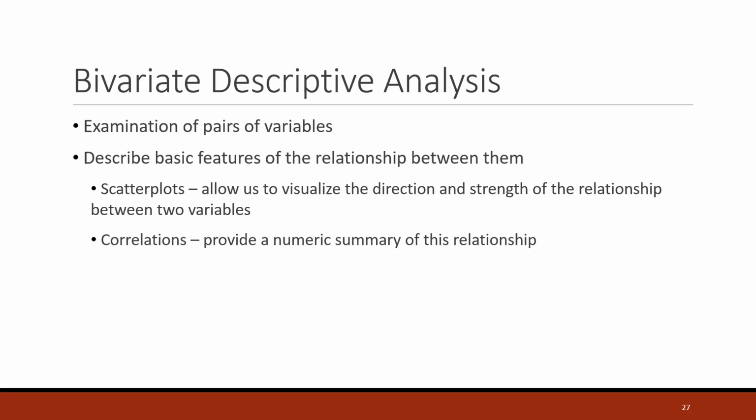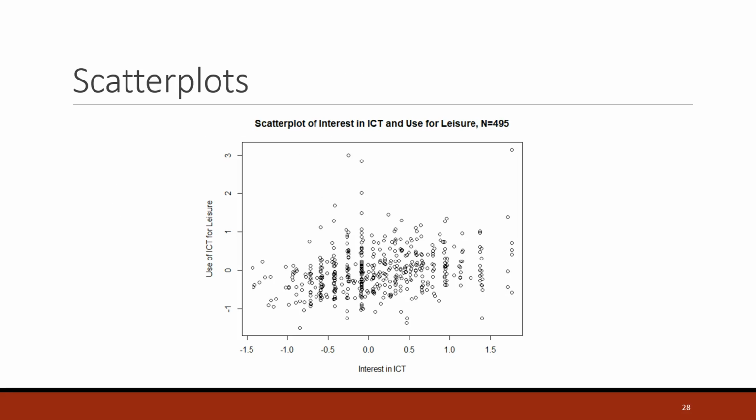And we can describe some basic features of the relationships between them by looking at scatter plots, which allow us to visually consider the direction and strength of the relationship between our two variables, where correlations provide a numeric summary of this relationship. So an example scatter plot here, this is between the variables we've seen before, the interest in ICT and the use for leisure.